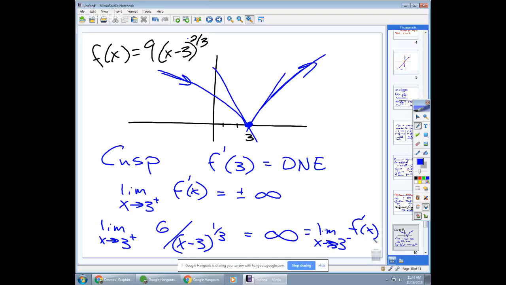Oh, I see. Because of the 1/3 power. Yeah, if I'm on the right side, it's positive. Oh, yeah, I made a mistake there. Thank you. So let's see. It's not equal there. This one is definitely going to be negative infinity. You're right, because these slopes are downhill on that side.